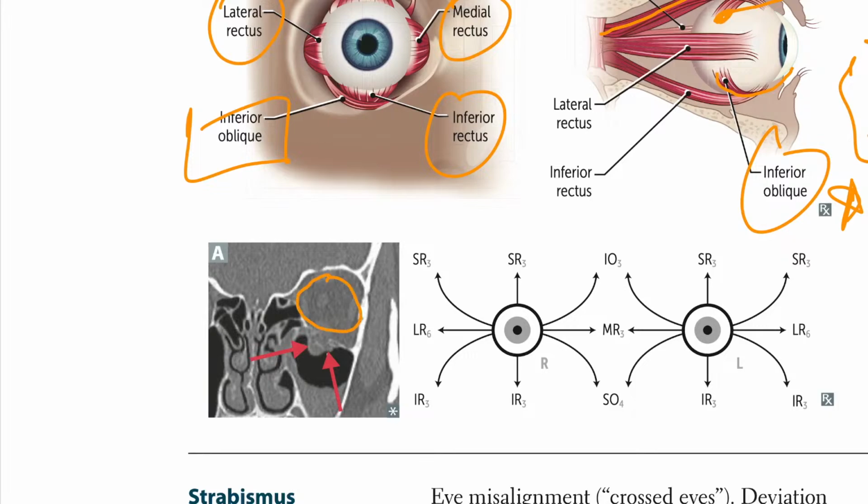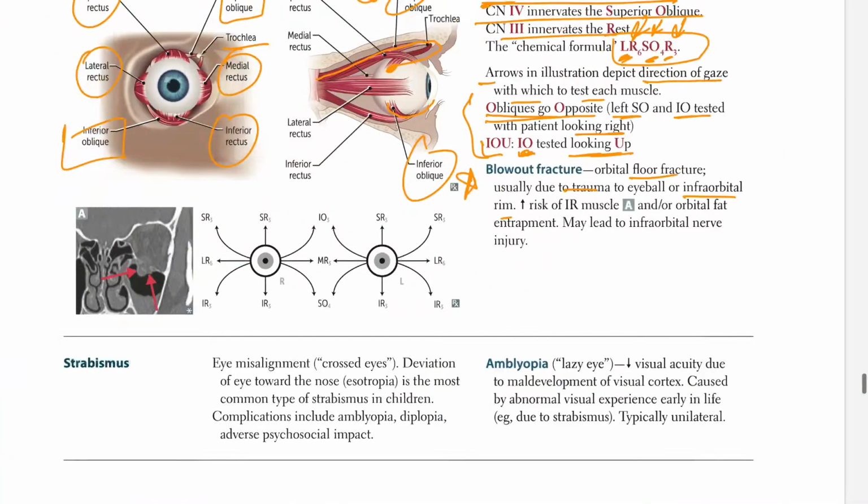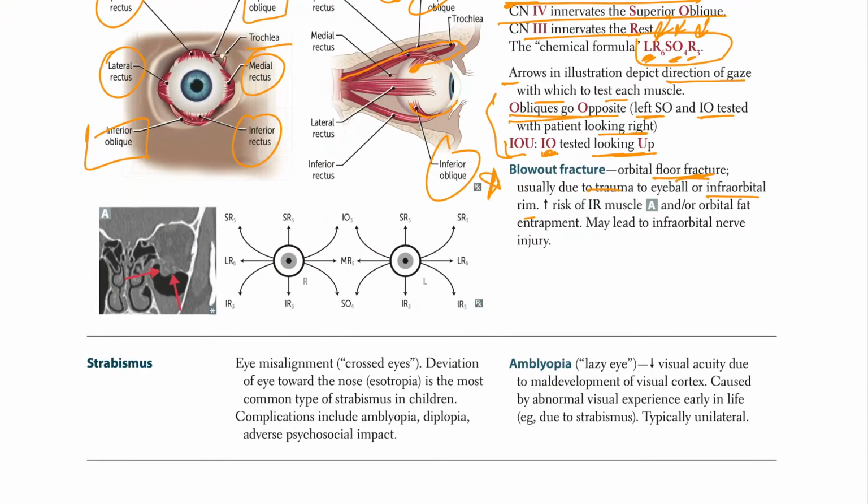Normally you should have this bone fully intact. There shouldn't be any opening here, right? So since there is an opening here, it's an orbital floor fracture. You can see this is the floor of the orbit. There's a fracture. That's why orbital structures are coming out of it, right?